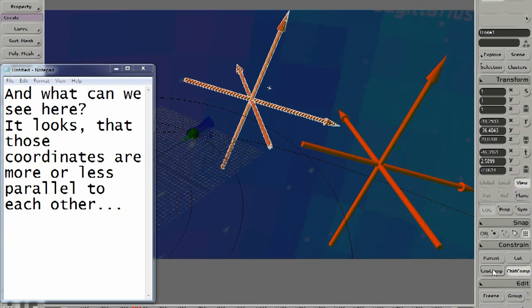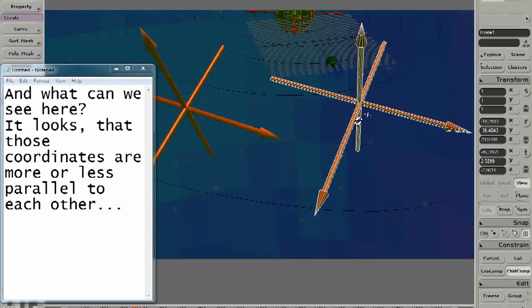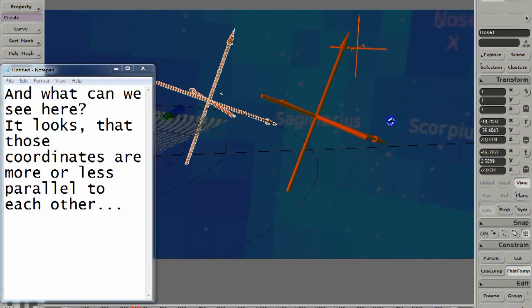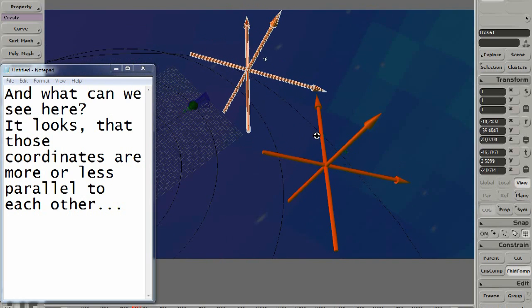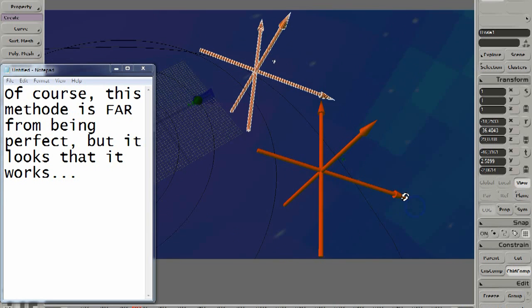And what can we see here? It looks like those coordinates are more or less parallel to each other. Of course, this method is far from being perfect, but it looks like it works.